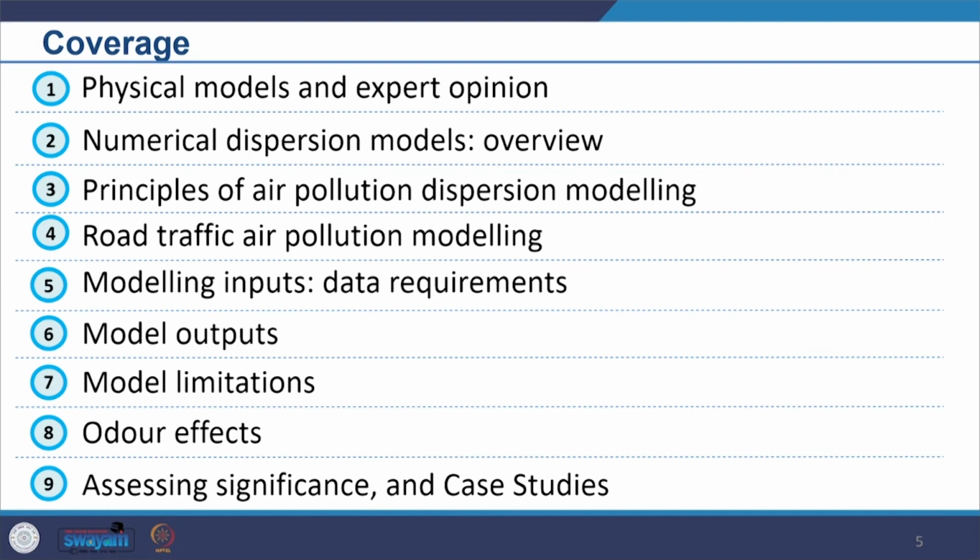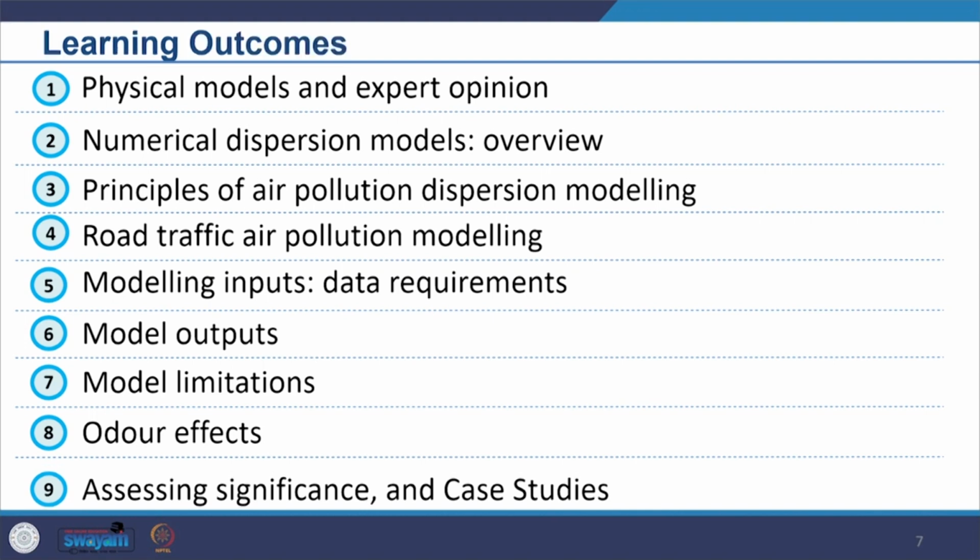Further, we will look into what kind of data is required for modeling purposes, so, what is the input data we give. Then we will look into the model output. Further, we will look into the limitations of the modeling. We will also look into order effects concerning air quality. Then we will look at how we assess the significance of our results, whatever impact we get, how do we look at the significance of those impacts. Further, we will briefly cover one case study.